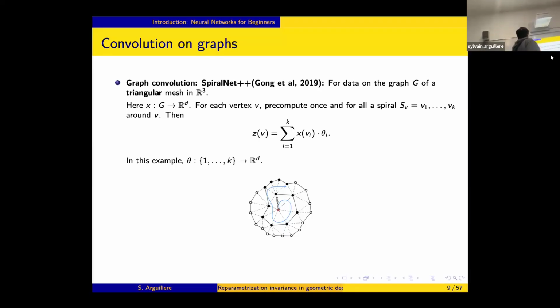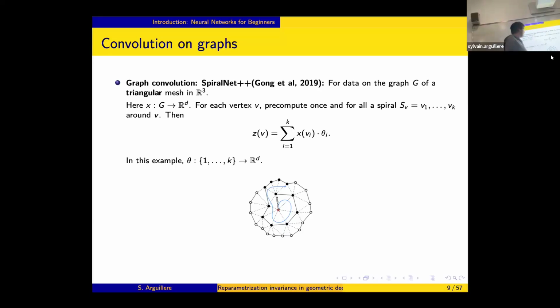The idea is, it only works when you have a fixed graph structure on all of your data, right? You work on data composed of meshes which have the same mesh structure between different meshes.